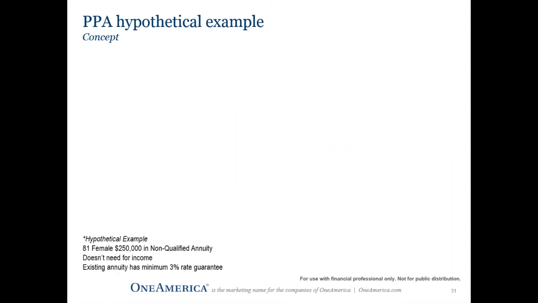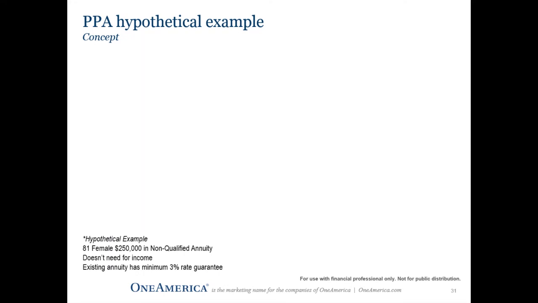Okay, she's got a $250,000 non-qualified annuity that she's not going to need for income because she's got a pension from her deceased husband. She's got RMDs coming out of qualified assets that she frankly doesn't need to live on either, and she's got her Social Security check coming in.